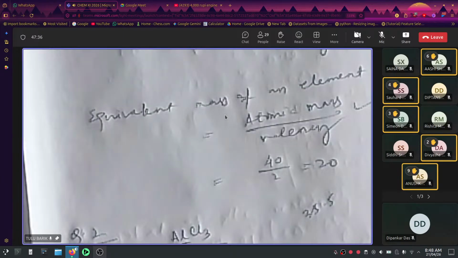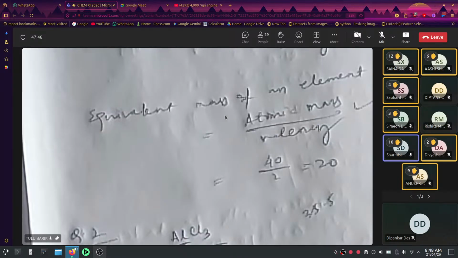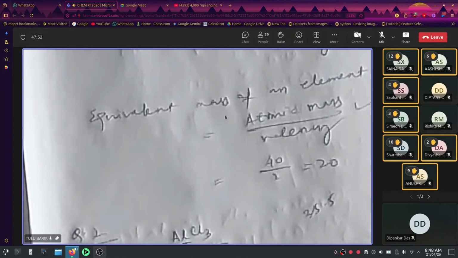Sarmishta has done. Sarmishta, have you done copper? Yes, sir. What is your answer? Sir, 31.77 grams. You can take 63.5. So you are correct with that. 31.75. Okay. So silver 108 by 1, that is 108.